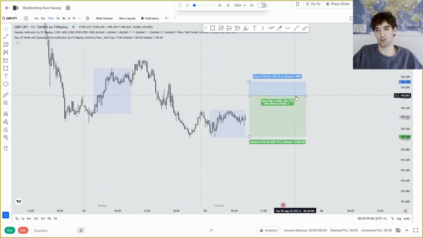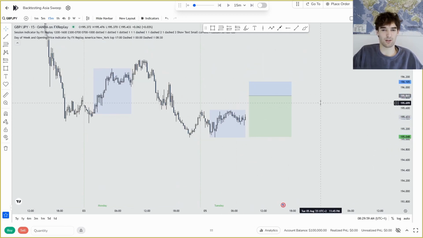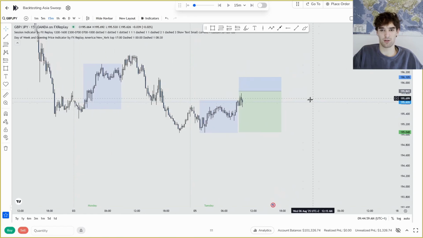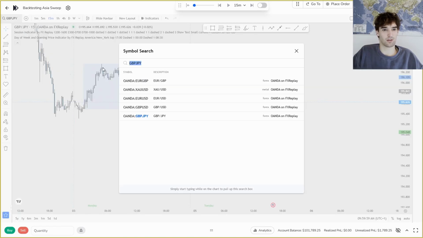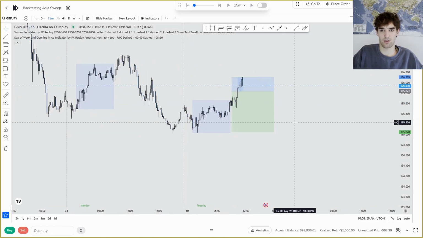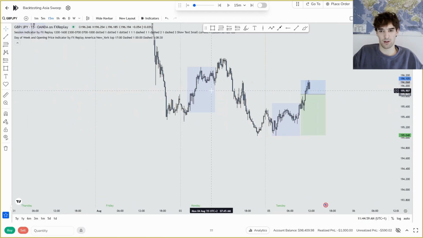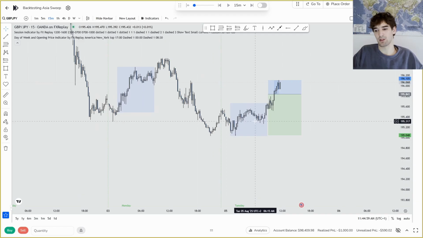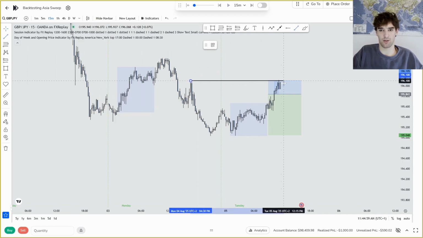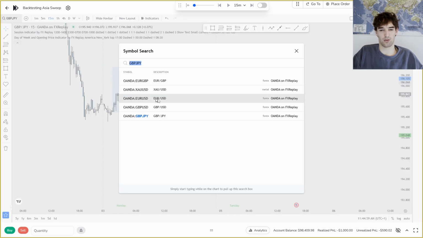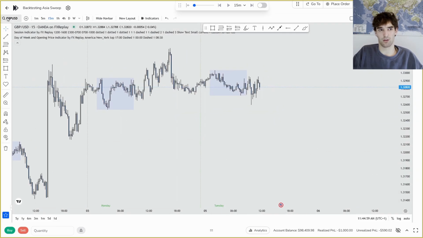I'm not gonna place an order, but I'm gonna see how it develops. Now let's see. Yeah, look, it would have been a stop loss. Because this Asia range is pretty small, and also this swing high does not leave a fair value gap. So I think the probabilities are lower then.